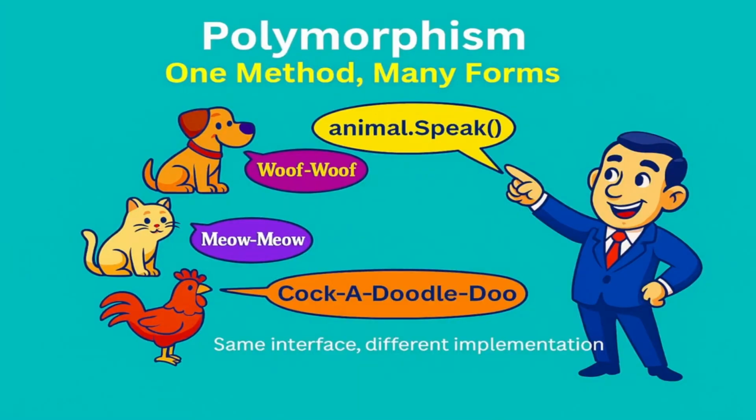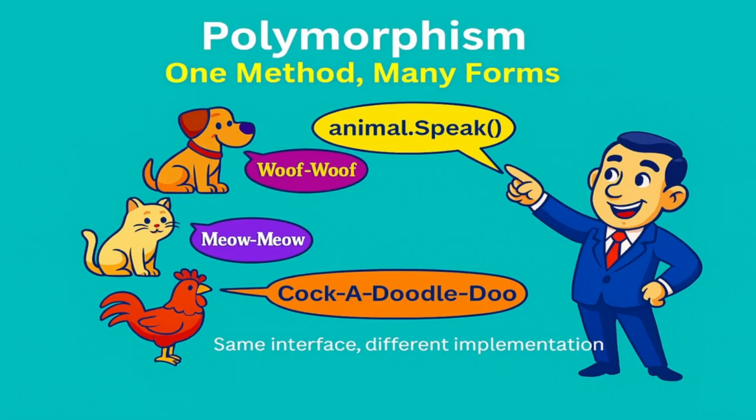Today we are going to talk about one of the very important topics, polymorphism. So what exactly is polymorphism? The word itself gives us a huge clue. Polymorphism is made from two words: poly means many and morph means form.